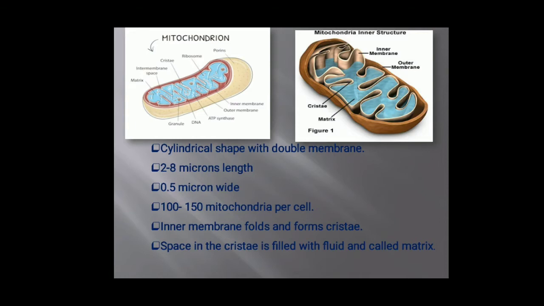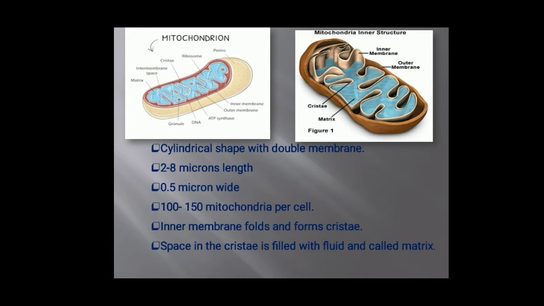Generally, the length of a mitochondria will be 2 to 8 microns and it is 0.5 micron wide, and it is 150 times smaller than the nucleus. There will be about 100 to 150 mitochondria in each cell.